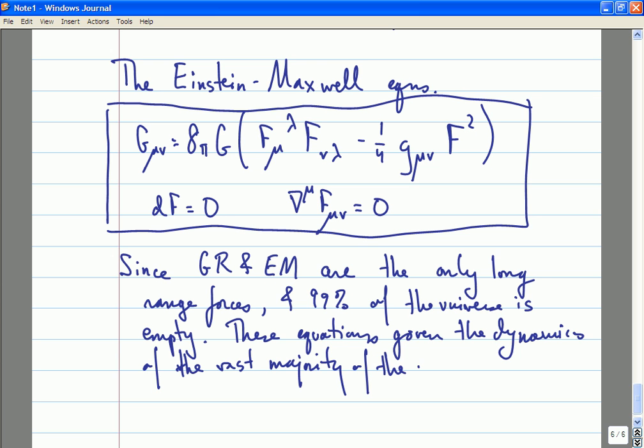If you only understood these equations, then, okay, maybe you have to deal with pesky little things like stars and galaxies and atomic physics and particle physics and nuclear physics, details like that. But I think it's really fair to say that a huge amount of the dynamics of the universe is contained in these equations that we've written here.